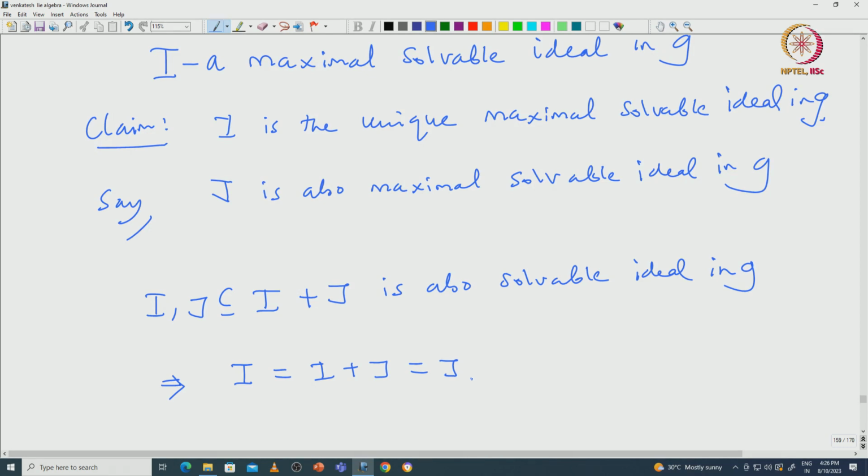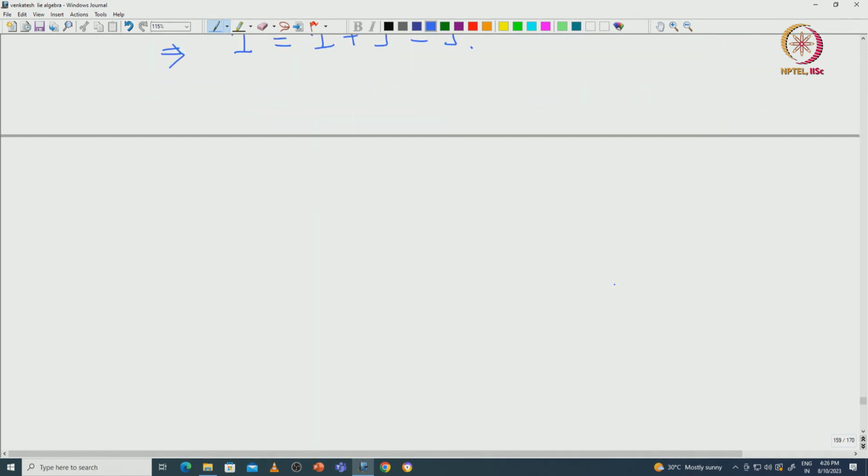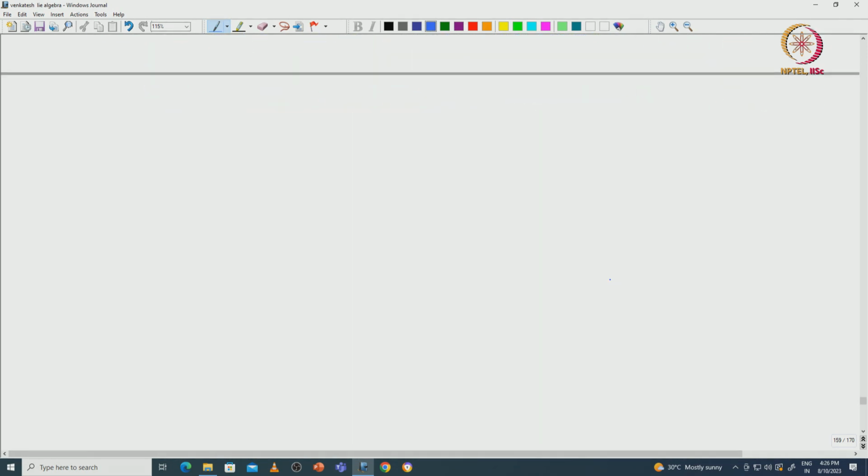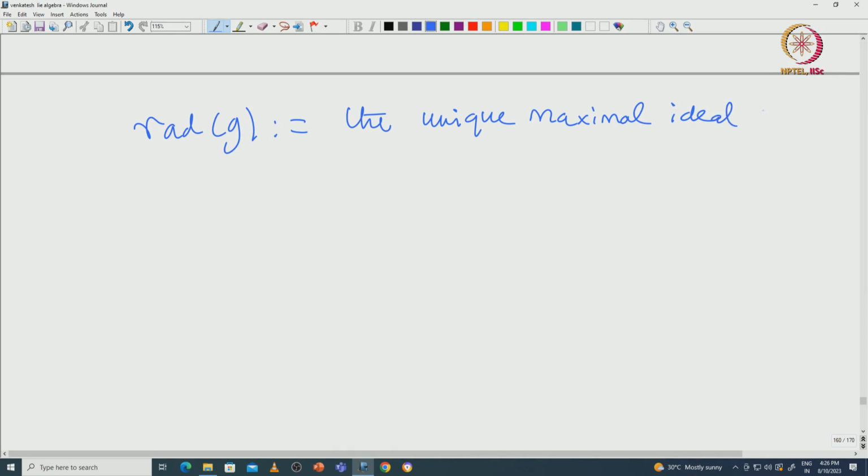So, this proves that I must be unique. This unique maximal solvable ideal we denote by what is called the radical of g. The radical of g is by definition the unique maximal solvable ideal of g.